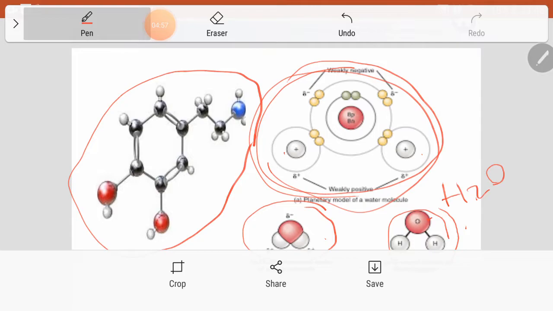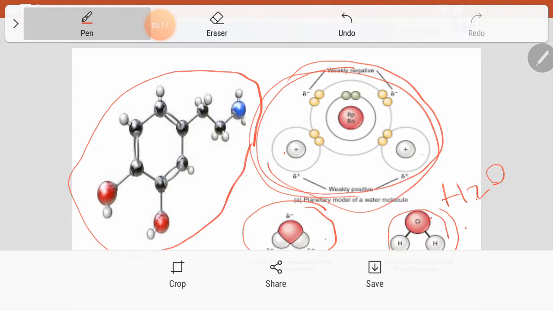A molecule like the DNA that exists inside the nucleus of our cells is made of billions of atoms. So it differs.